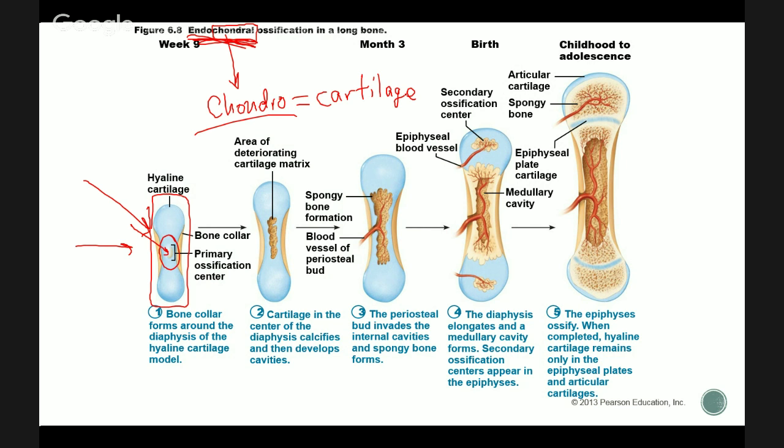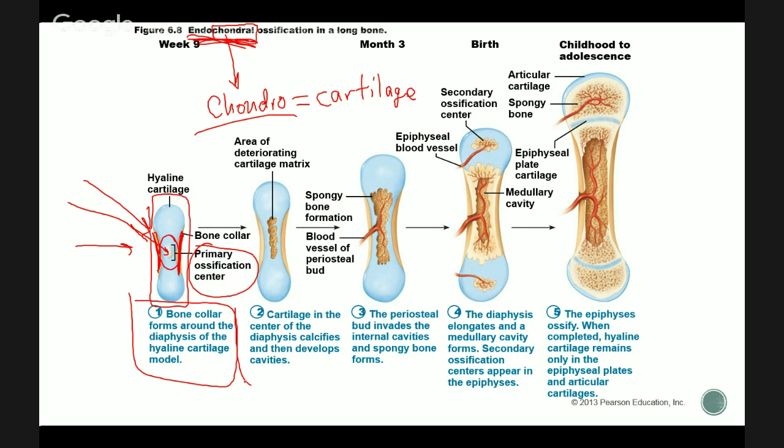Inside the middle of what's going to become the diaphysis, we have cells that decide to become bone. That's the primary ossification center. Along the side of the diaphysis, we also form what's called a bone collar, so some cells are already turning into bone around the outside.